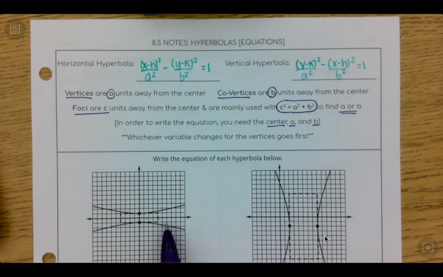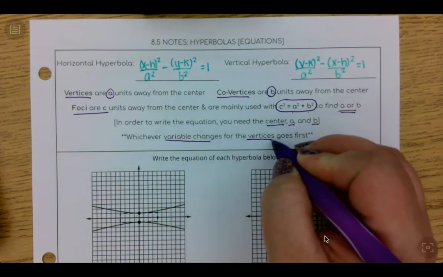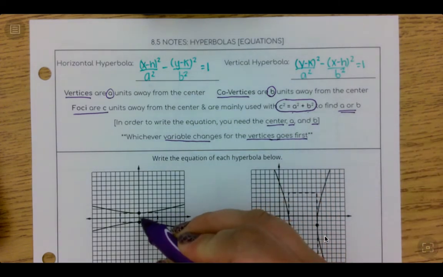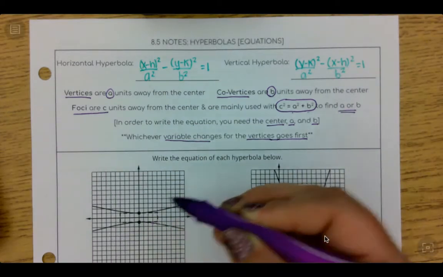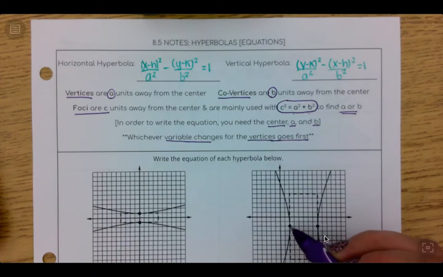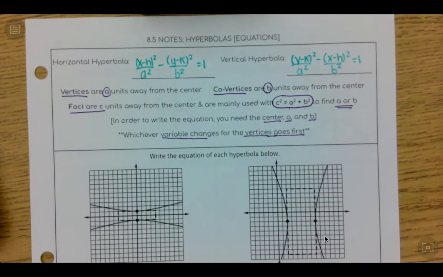The easiest way to tell is whichever variable changes for the vertices goes first. So since the vertices are going up and down, that's changing the y value. That's why for this one, y is going to go first. On this one, the vertices are to the left and to the right. That's changing the x value, so x is going to go first.